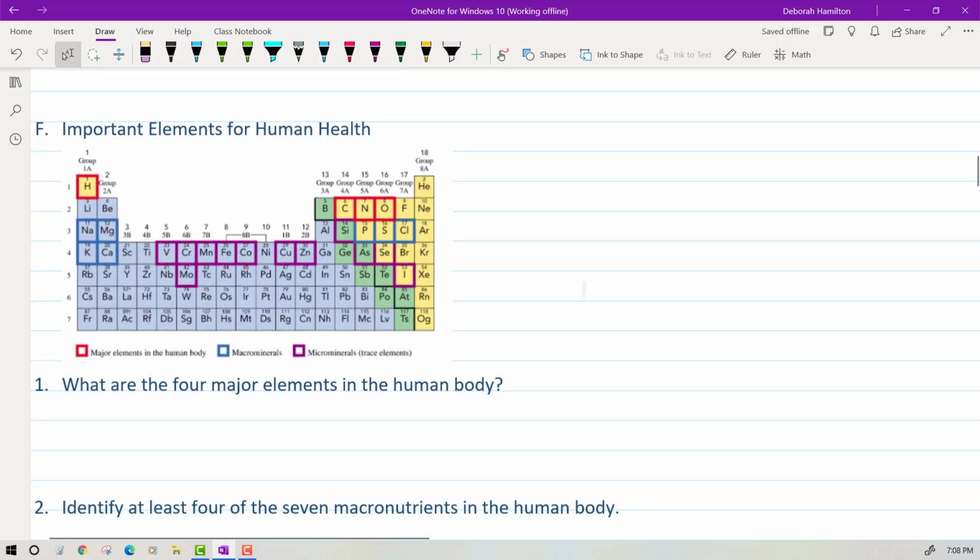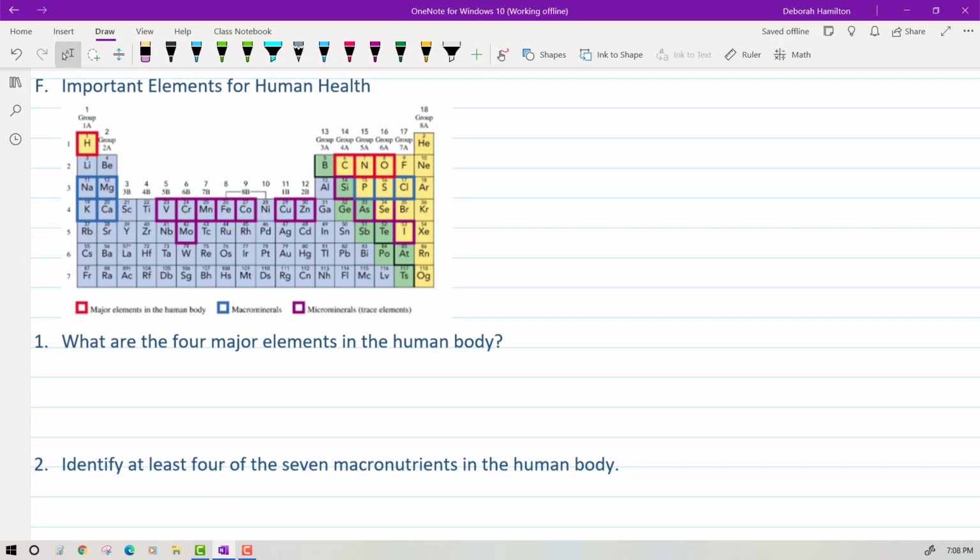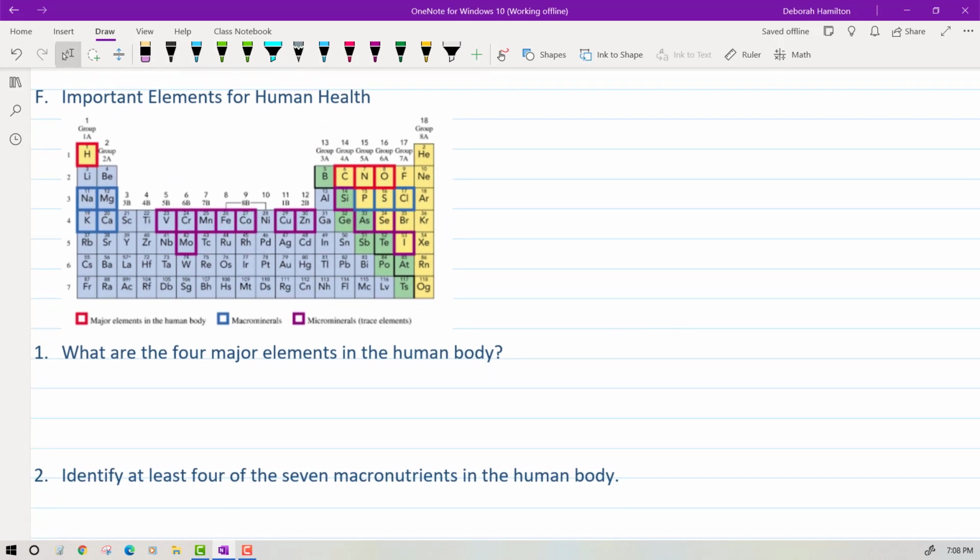All right, and then lastly in this particular set, there are important elements that belong to human health. All right, and so again, there's some color coding here for you to see that. All right, those that are in red are the major elements in the human body, and sometimes your biology teacher will tell you this little mnemonic aid called CHON for carbon, hydrogen, oxygen, and nitrogen, and that's an easy way to remember those.